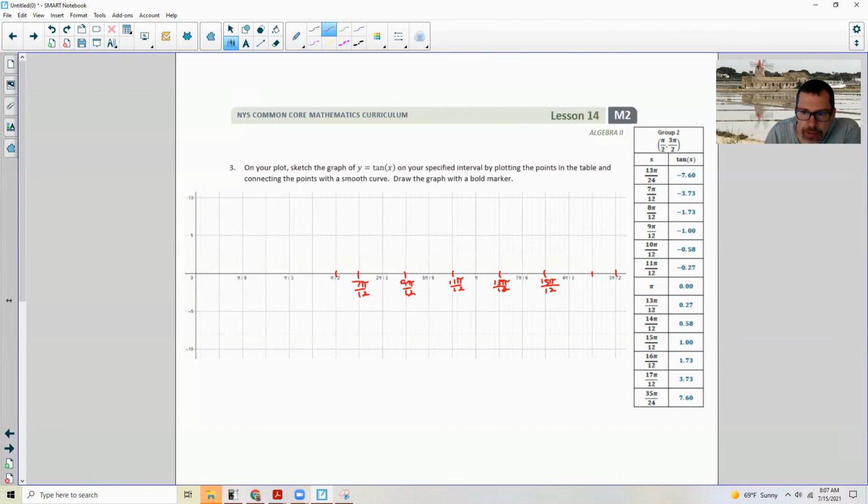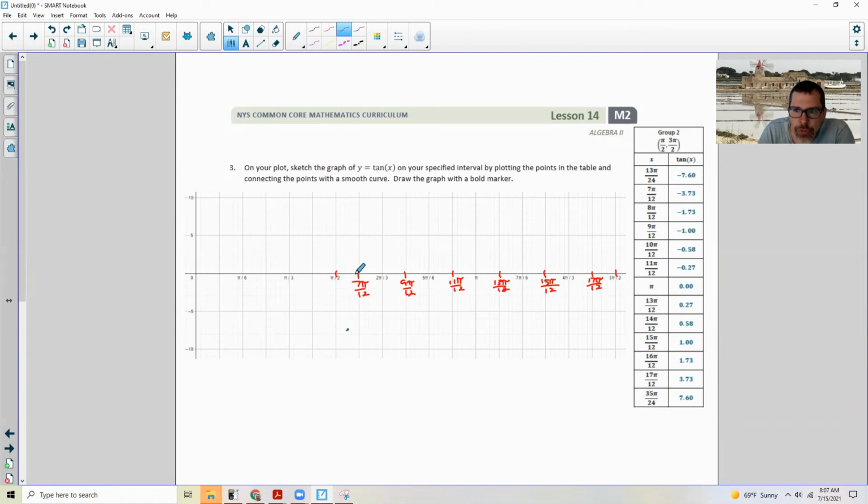And this would be 17 pi over 12, and 18 pi over 12 is 3 pi over 2. Okay, so our table though goes in 24ths. 13 pi over 24, well, that would be halfway, so that'd be right here. And it's -7. Here's -5, 6, 7, 8. So it would be approximately here.